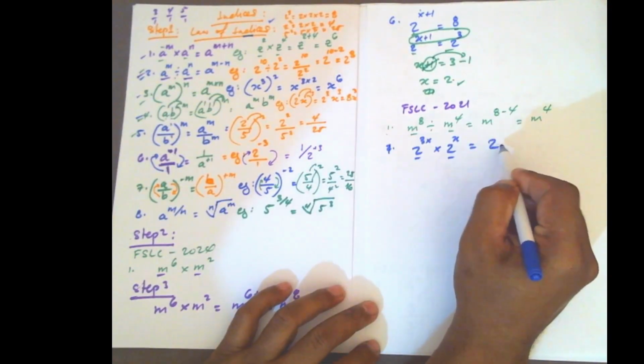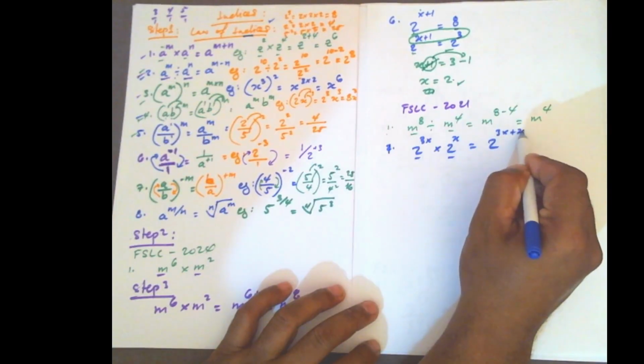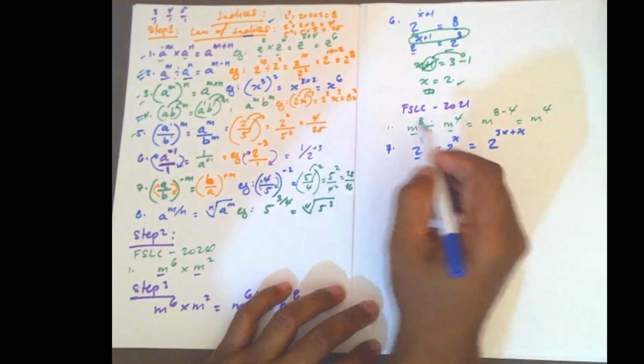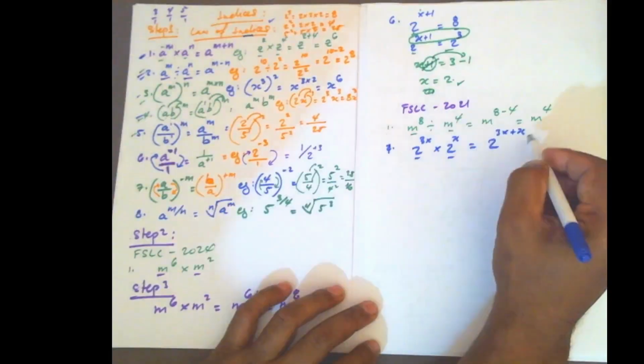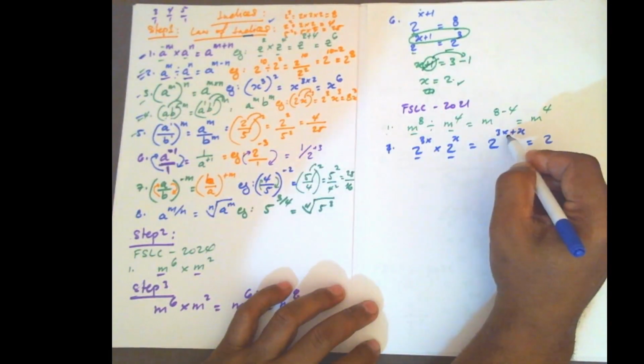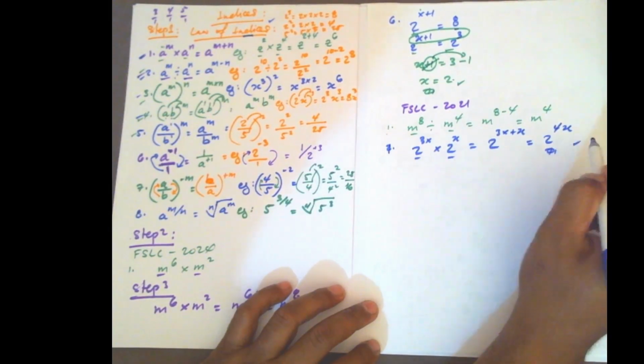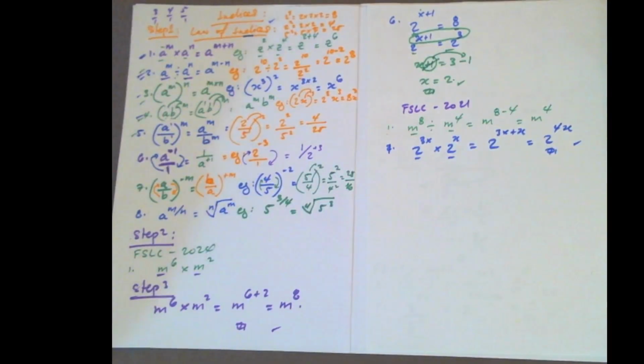So this is 2 to the power of 3x plus x. Since they are multiplying, we add the powers. This is 2 to the power of 3 apples plus 1 apple is 4 apples. That is 2 to the power of 4x.